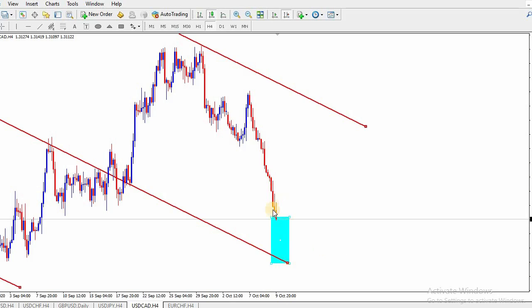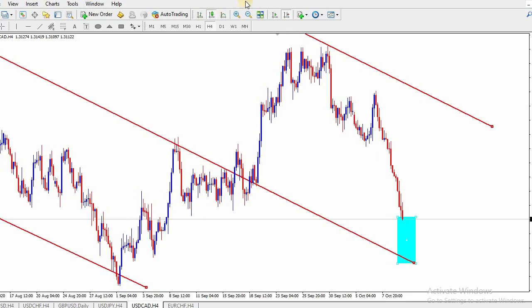So the market closed here and it is heading downwards. But we do not know if it would pull back up a bit before coming back down, because after moving this far, it has to consolidate.